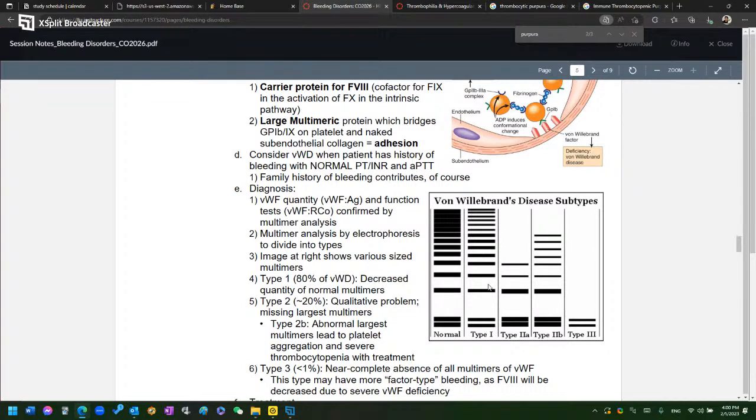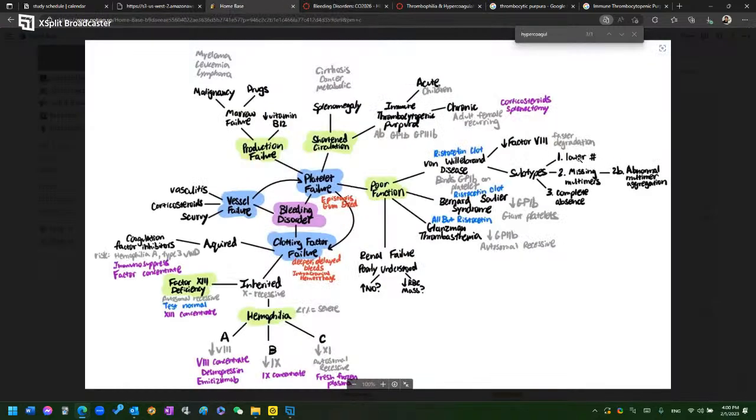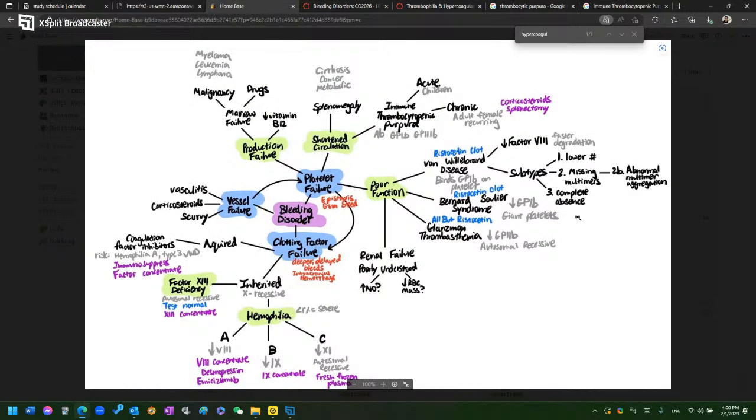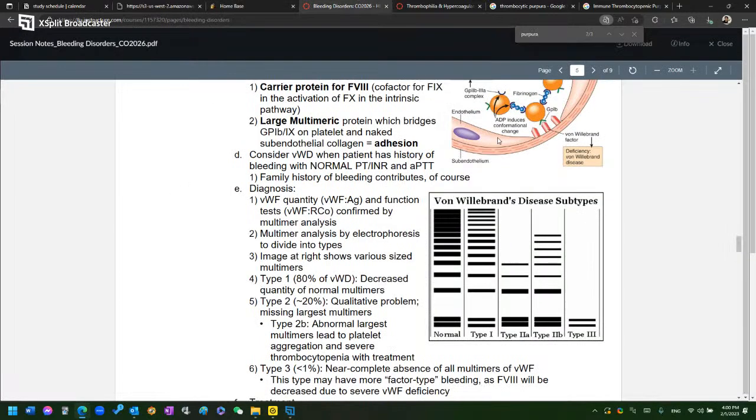So type 1 is if you have less of everything, so you just have fewer. Type 2 right here, and type 2A and 2B are different kinds of missing multimers. So you can see completely missing on this Western. Or complete absence, right? You have nothing here. I guess it's control down here.